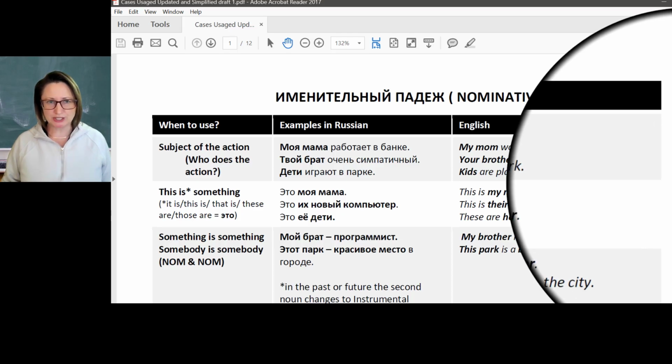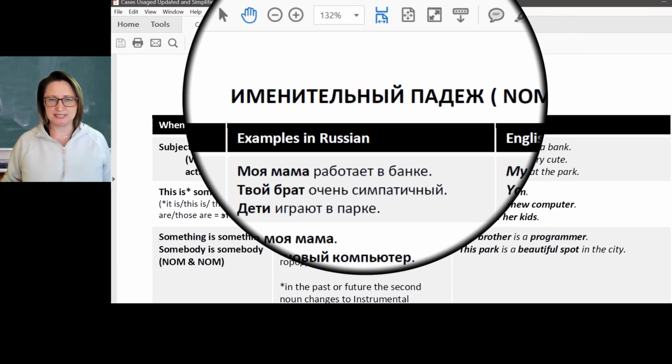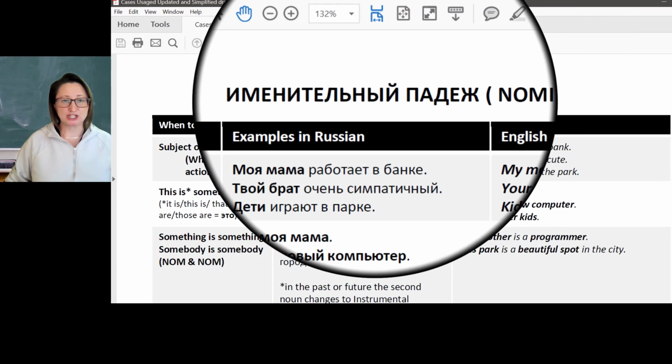Okay, so here is the chart, and we will be working today with the именительный падеж, and that's nominative. I will give you more context for nominative than just the 3 that we worked with, but I'm going to remind you that this is a little bit artificial because nominative in Russian is used with subjects.